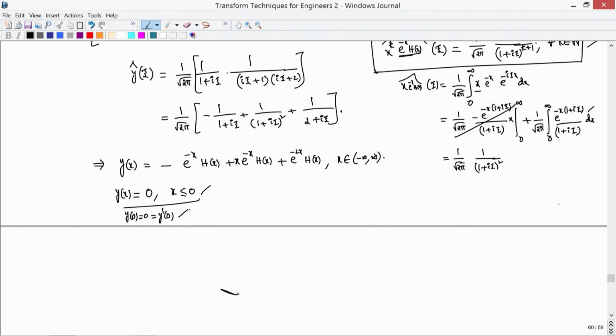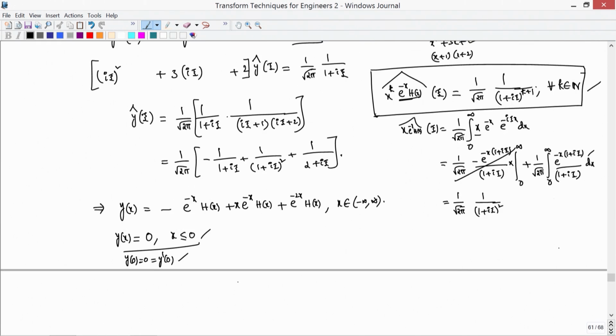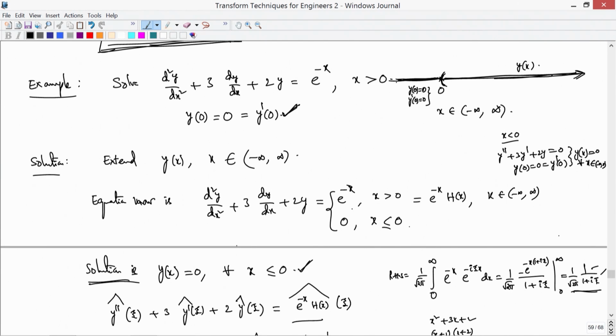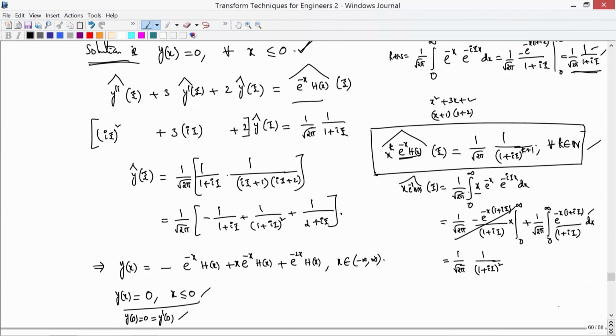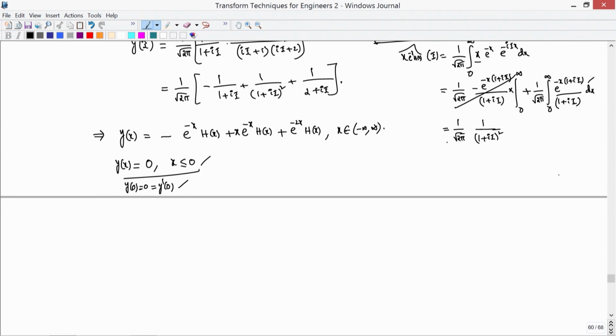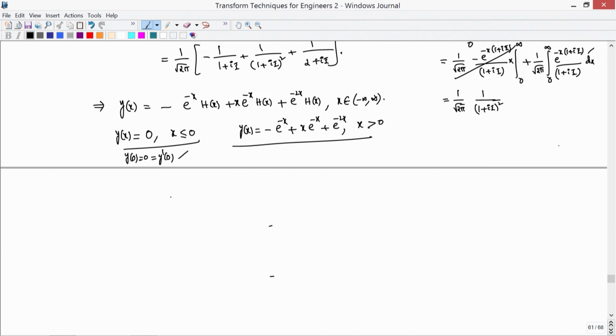That is the reason that if you are given these 0 boundary conditions, 0 initial conditions, you always extend your right hand side function with the Heaviside function, for which you know how to evaluate the Fourier transform. And for x positive, y of x is equal to minus e power minus x plus x e power minus x plus e power minus 2 x. So this is your solution, and this is the negative side of that.